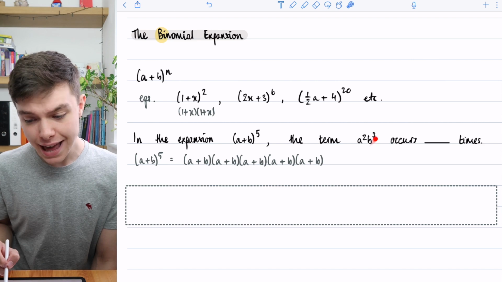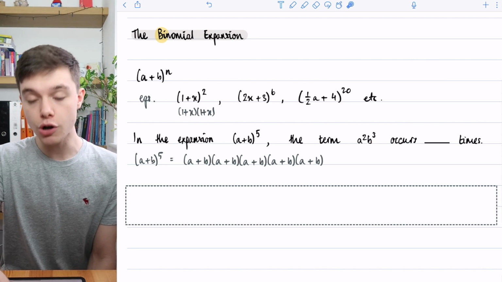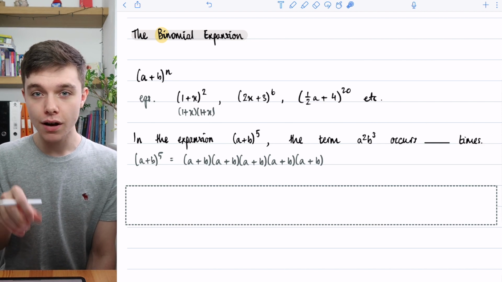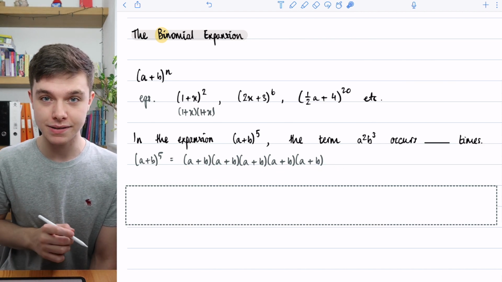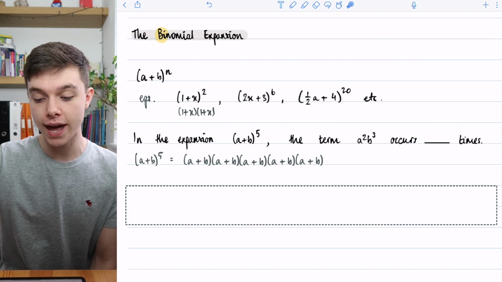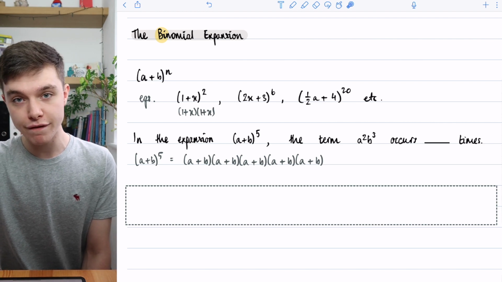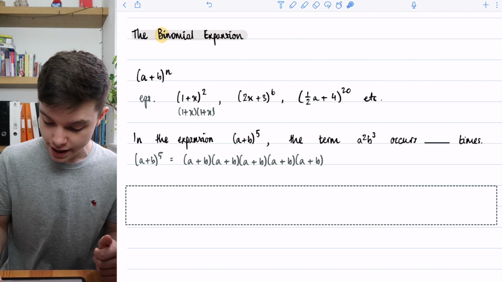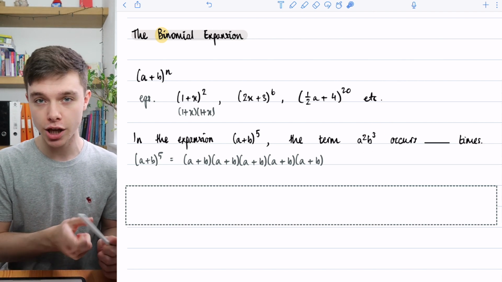So really, to get this b cubed, we need to choose b 3 times from the 5 brackets. It says that in the book here: choose b 3 times from the 5 brackets. The reason we choose b 3 times is because we need that b cubed.